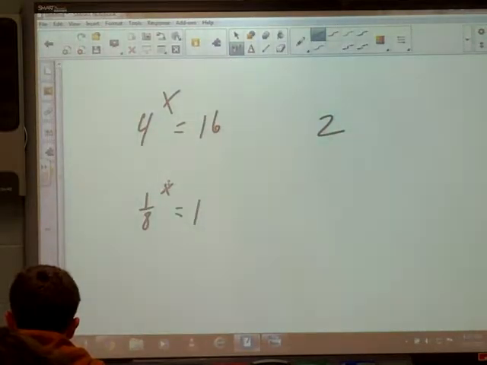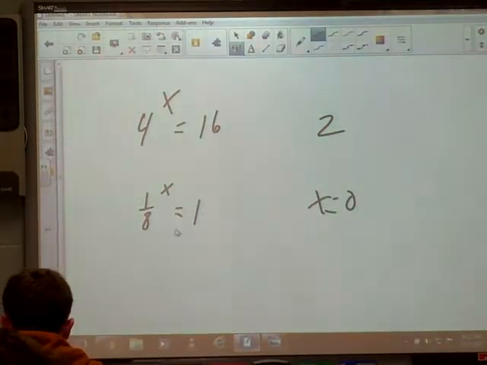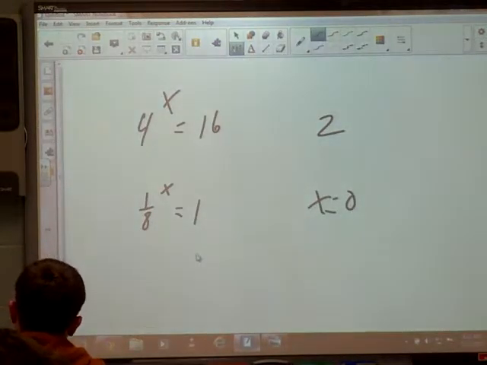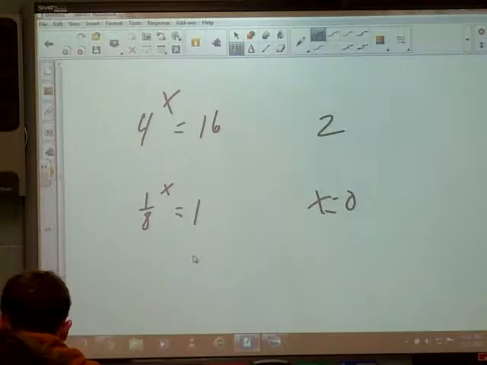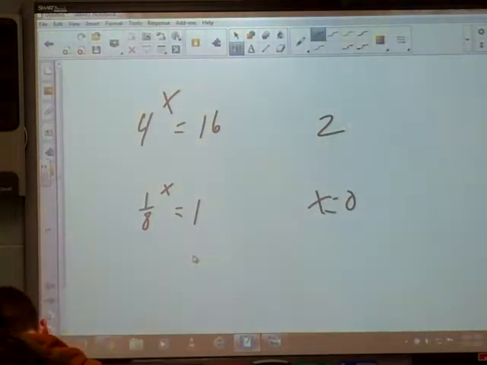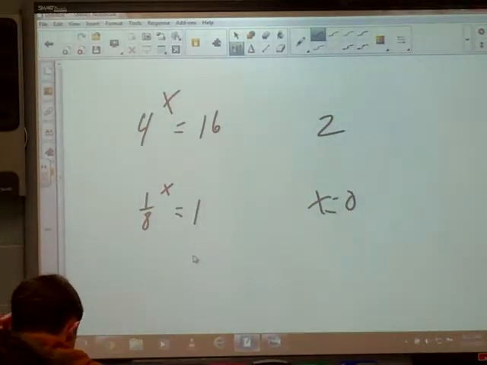If you've got a power, what power makes everything equal 1? 0. So your x would have to be 0. Anytime it's equal to 1, your x always has to be 0. But you could hit log base and go down and put that one in your calculator. Is that what everybody did? Yes, no, you just knew it? I think I just knew that one. Good, good, good. I like those ones on there.